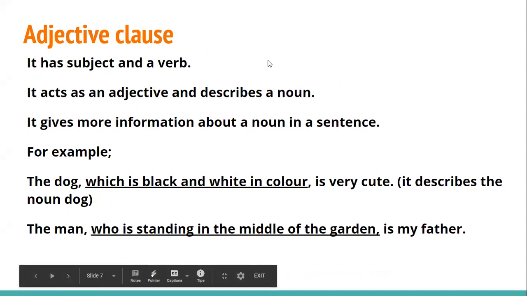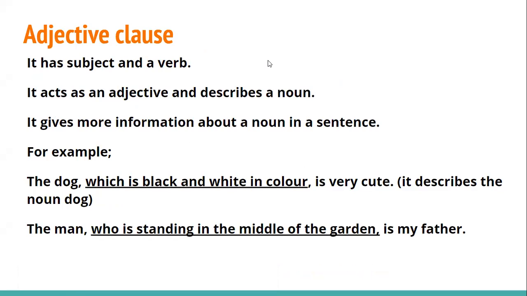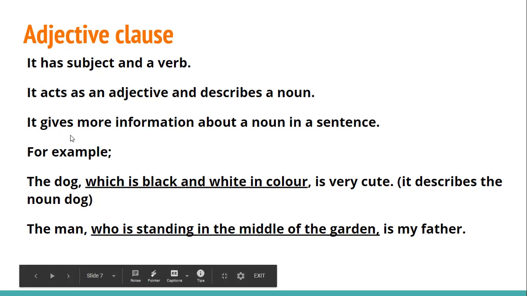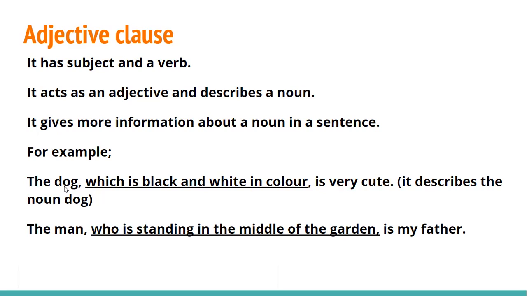The second type of dependent clause is the adjective clause. An adjective clause also has a subject and a verb, and it acts as an adjective and describes a noun, giving more information and meaning to the noun in a sentence. The first example is "the dog, which is black and white in color, is very cute."